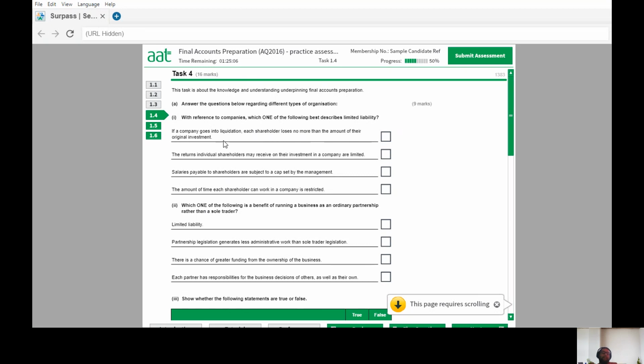That means if the company has other liabilities, like owing creditors 10 million pounds, the shareholders are not liable for those extra liabilities. They only lose what they invested in the business, not anything apart from that.